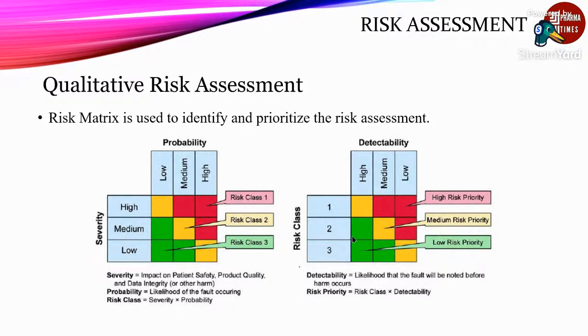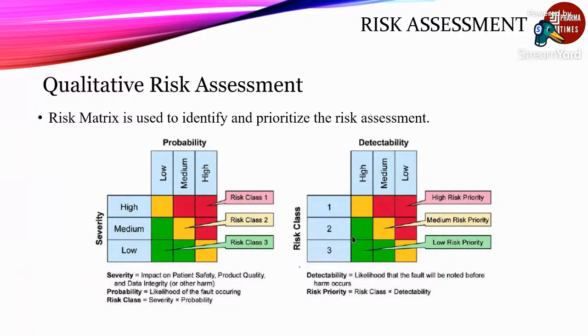If my risk class is 3 and detectability is high, the cross part of that picture is green, so it's a low risk priority. So by considering this scenario, the multiplication of severity and probability, we get the risk class 1, 2, or 3.